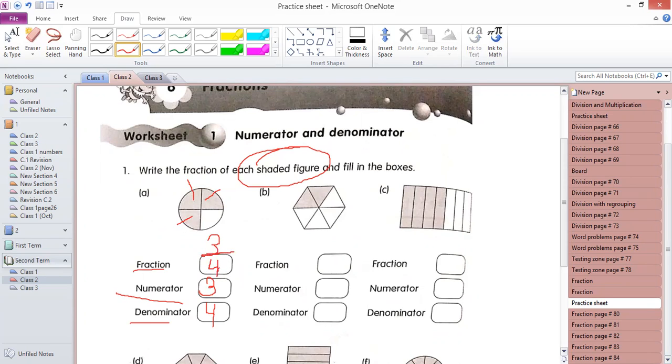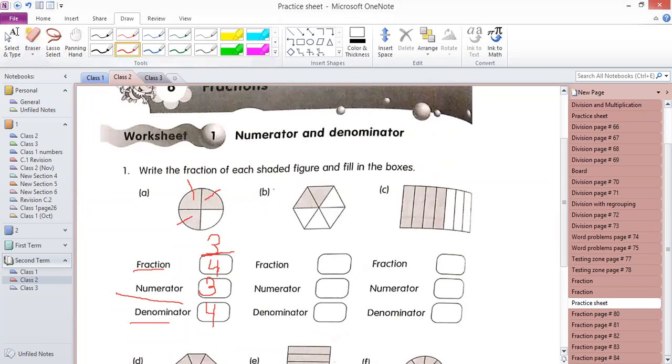So the shaded figure of A is 3/4. Clear, guys? Yes, sir. Very good.